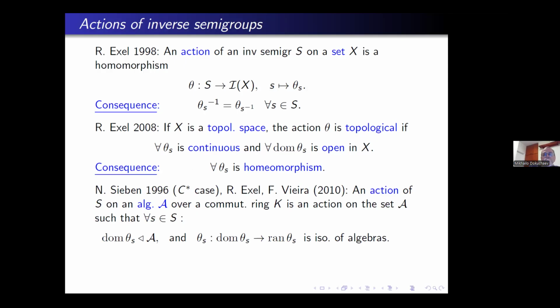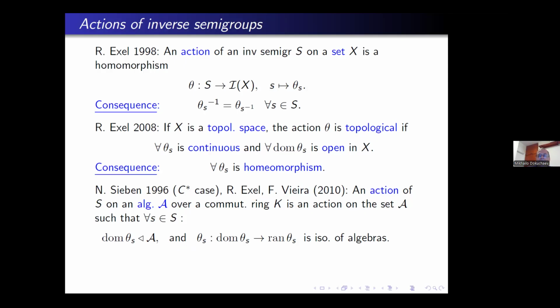Now, actions on algebras: you can find in the set case the paper of Nándor Sieben, and in the abstract case there is a paper of Ruy Exel and Felipe Vieira. So an action of an inverse semigroup on an algebra over a commutative ring is an action of S on the set A, such that the domain of each theta s is a two-sided ideal of A, right? And each theta s is an isomorphism of algebras, an isomorphism between the ideals.